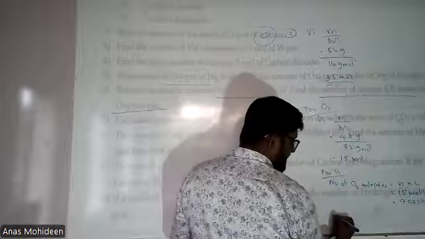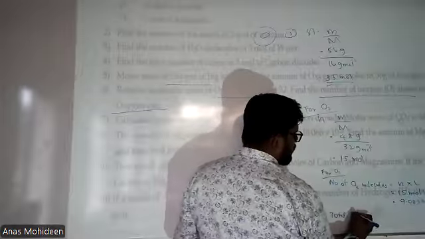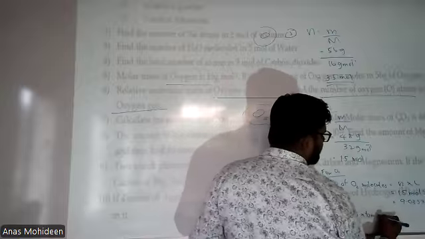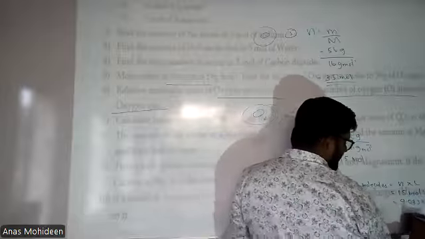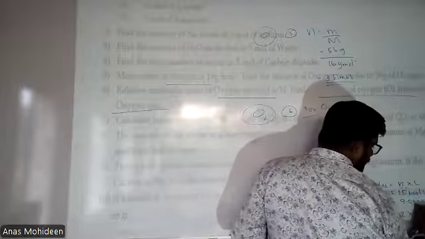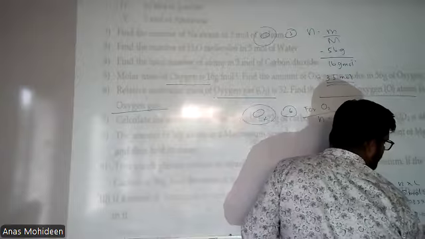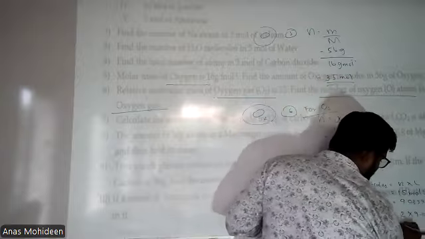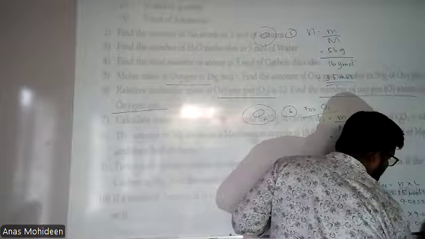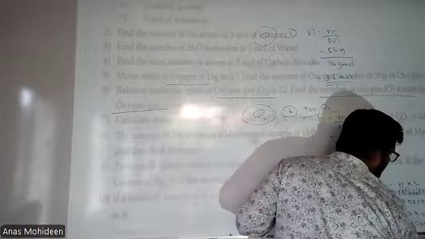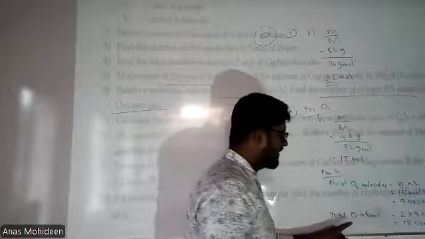So let me write straight away. Total oxygen atoms: in one molecule there are 2 atoms, times 9.033 times 10 to the power 23 molecules. You multiply and get 18.066 times 10 to the power 23 oxygen atoms.